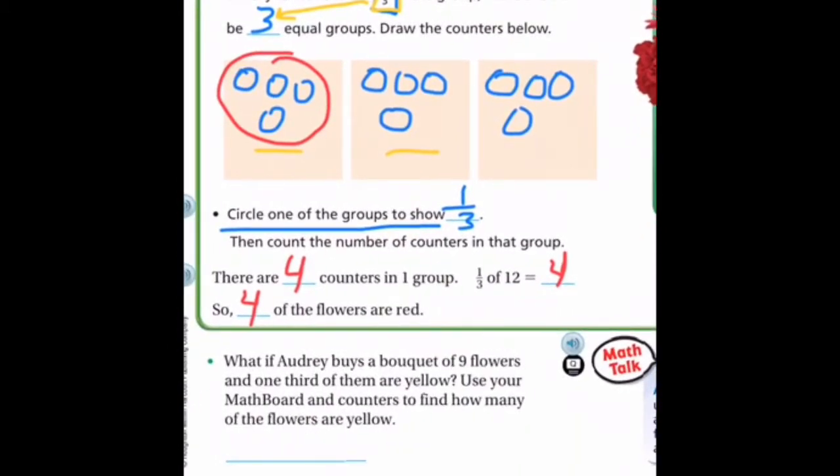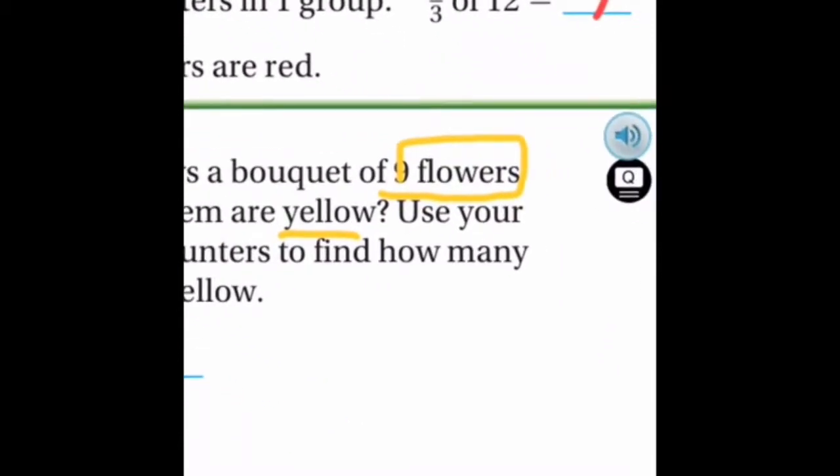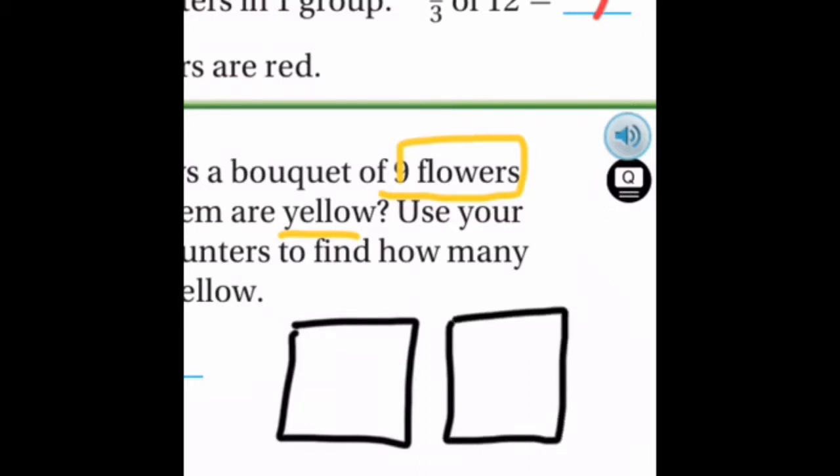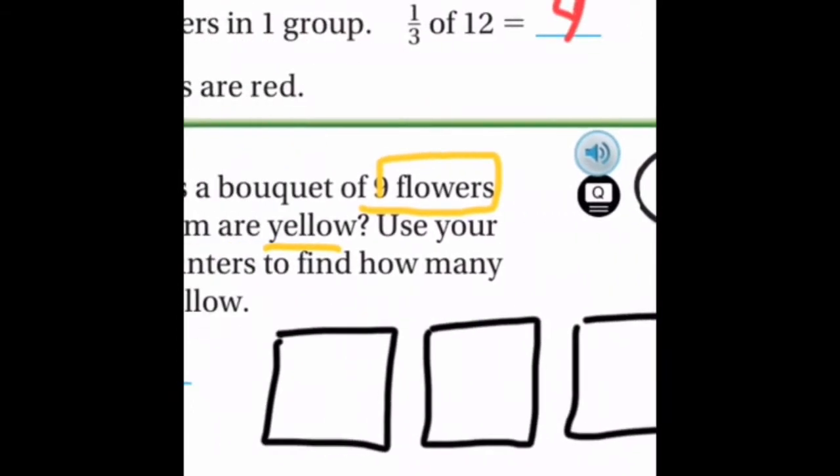So what if Audrey buys a bouquet of 9 flowers and 1/3 of them are yellow? Same thing. 1/3, we need to have 3 different areas or boxes. And this time we have 9 flowers and not 12.